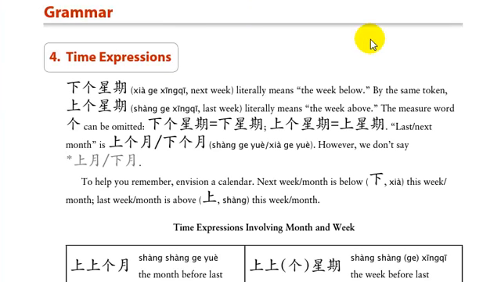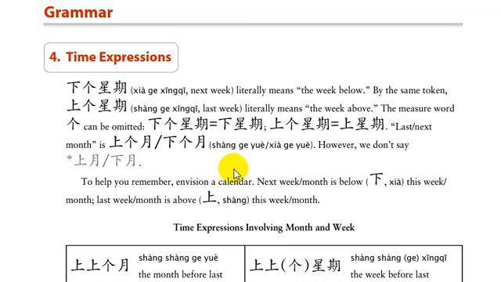Okay, we saw some expressions of time in this unit's dialogue. So we saw 下个星期. 下个 literally means below, and this means next week, and 上个星期, 上个 literally means above, and this means last week.